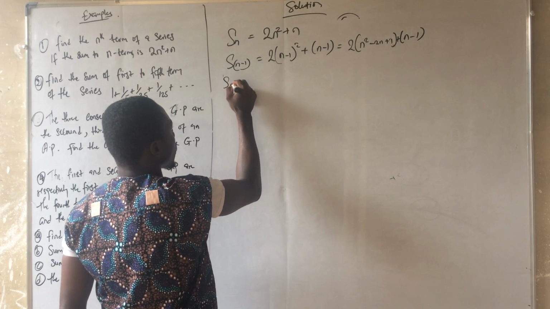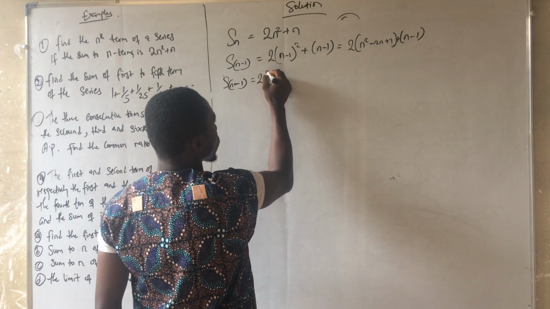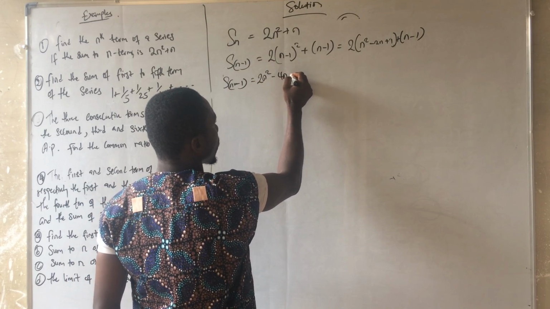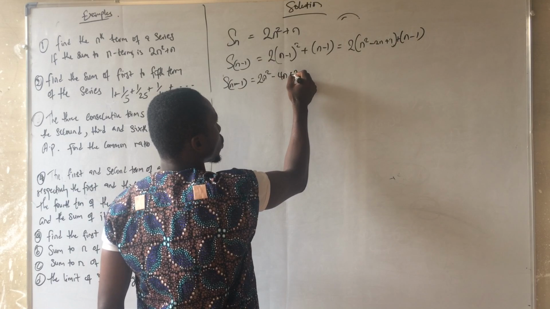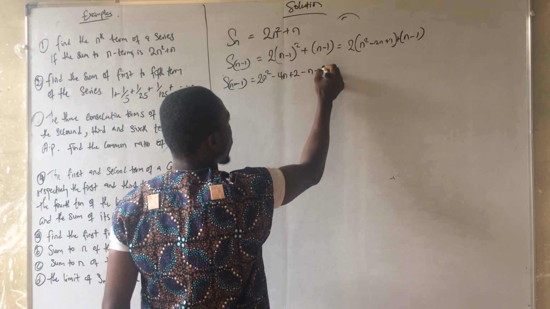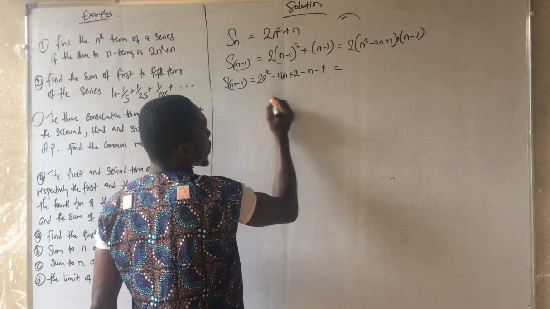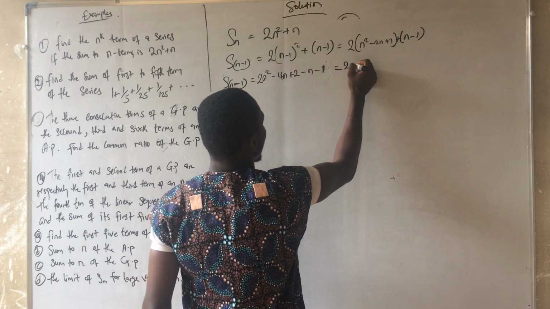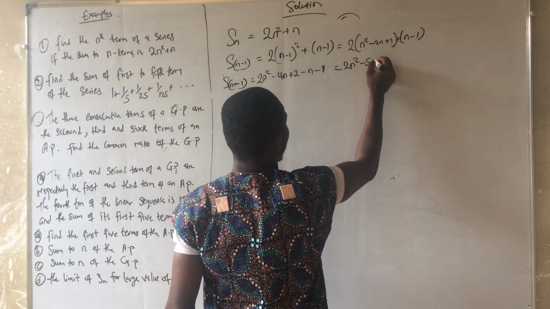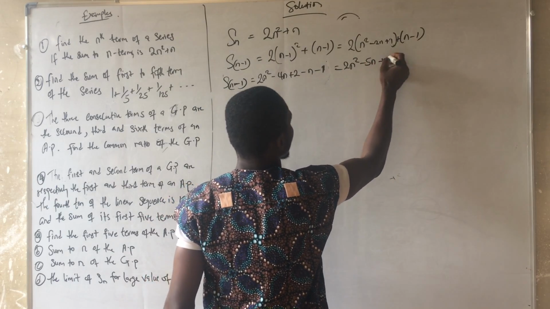So now this is going to give us 2n squared minus 4n plus 2 plus n minus 1. So what we're going to have here now is 2n squared minus 3n plus 1.